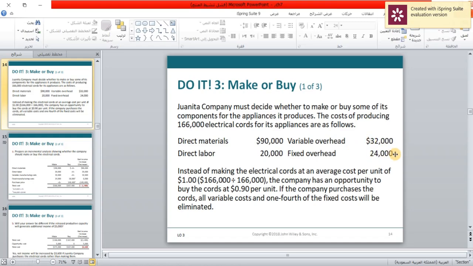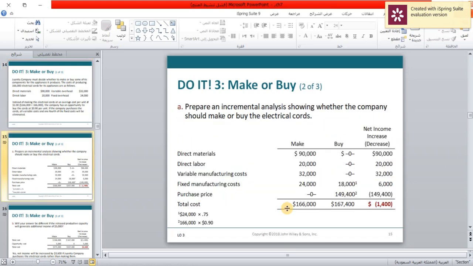But of the fixed overhead, we can eliminate only 1/4. The remaining 3/4 will be absorbed by other products. Prepare an incremental analysis showing whether the company should make or buy electrical cars.